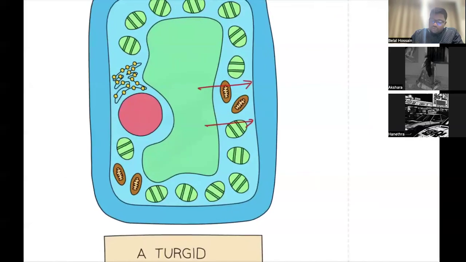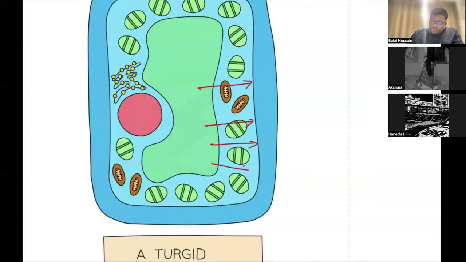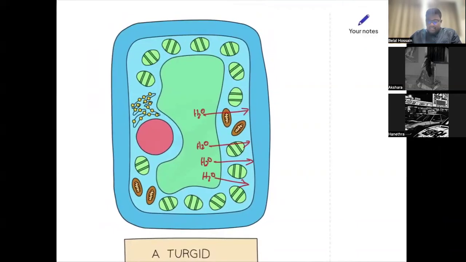It is actually pushing towards the cell walls with the water so that the plant can hold its structure. Turgid means it's rigid due to the push of water towards the cell wall.